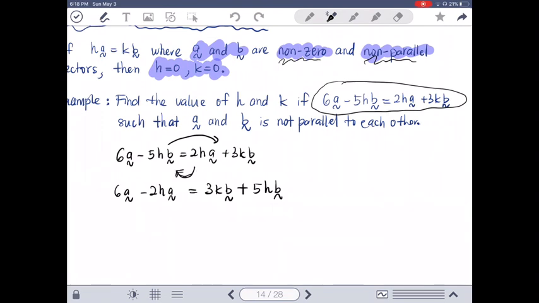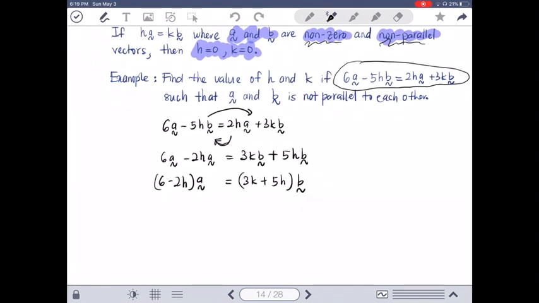So now I will factorize vector A. So we have (6 minus 2h)A equals (3k plus 5h)B.